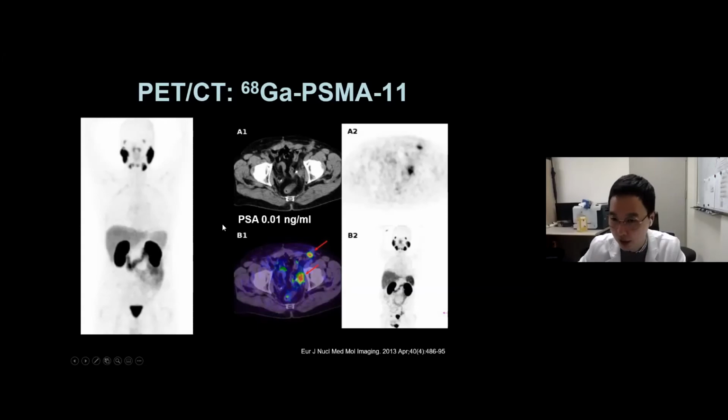However, the PSMA uptake was quite high in the inguinal or external iliac lymph node, which was later confirmed as the metastatic lymph node. So from these prior first studies, this gallium PSMA showed a potential of high detection rate, even at a low PSA level.